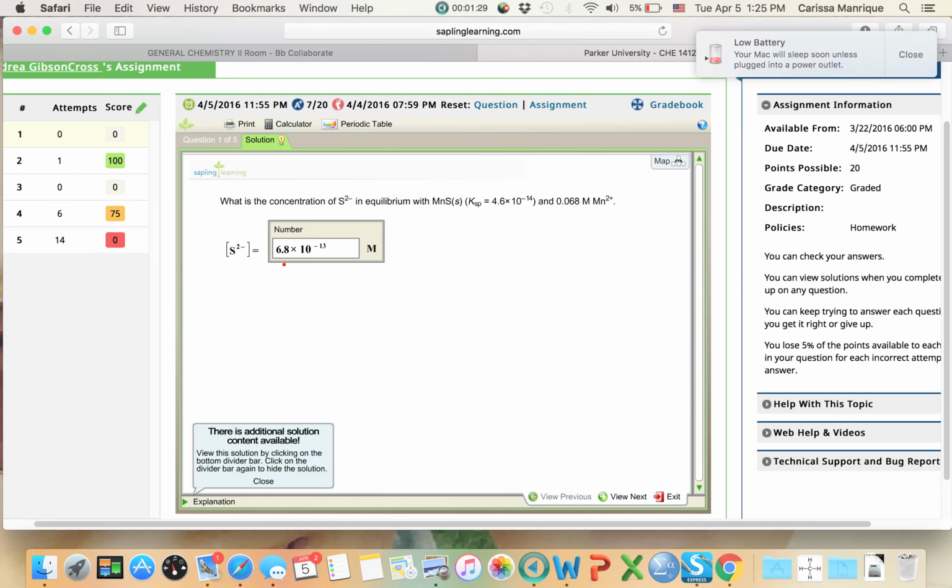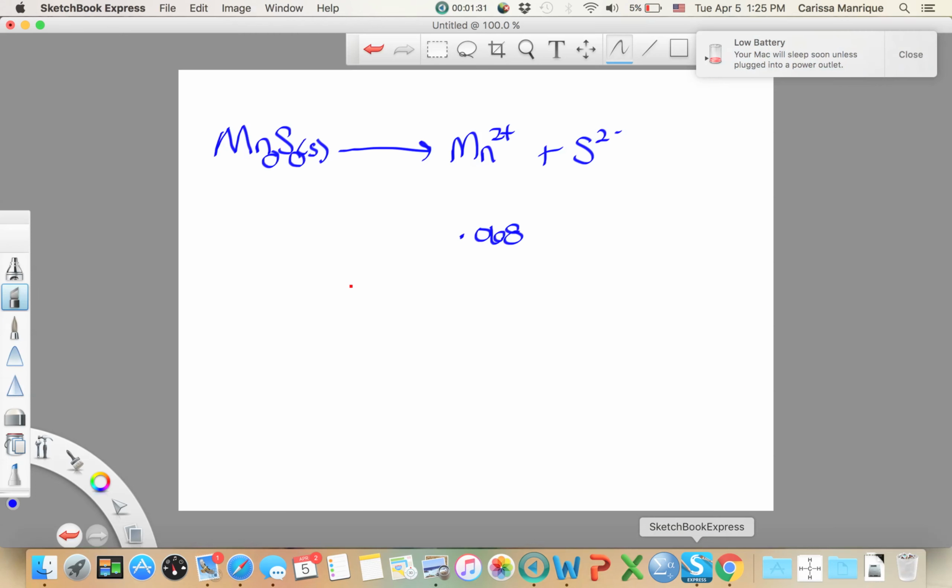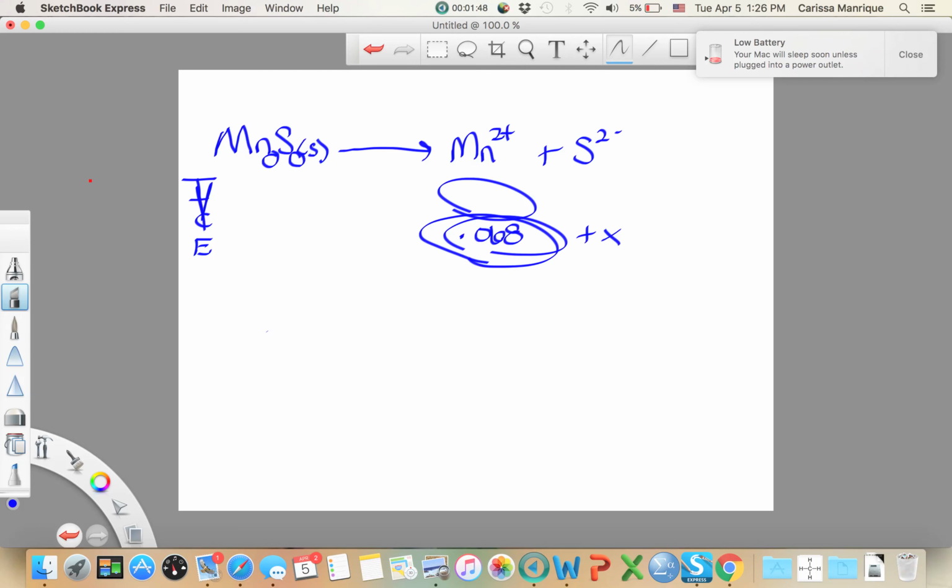Okay, so if I have the ICE table, you don't really have to worry so much about the ICE part of it, just the E part, and the change here is going to be plus X. We don't have to worry about X right here because we already know this is 0.068. So here we go.